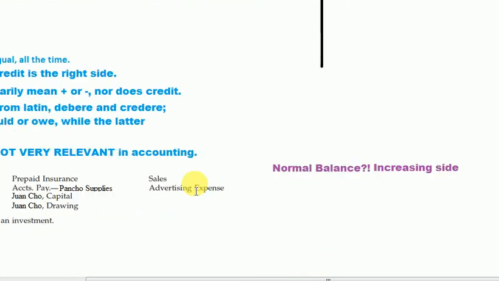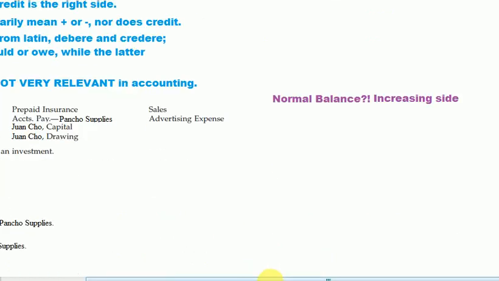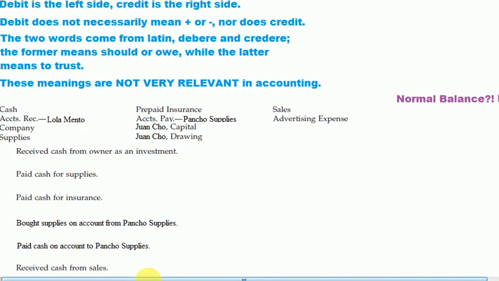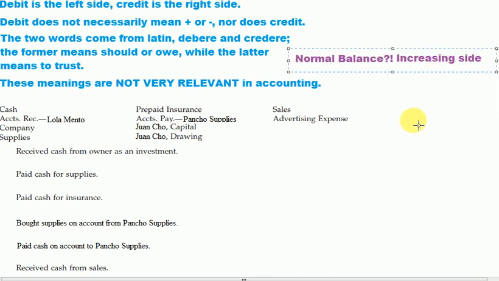Here below I have what we call the chart of accounts. These are account titles that a business uses for the accounting operation. I'm going to move this inside the screen so you can see.